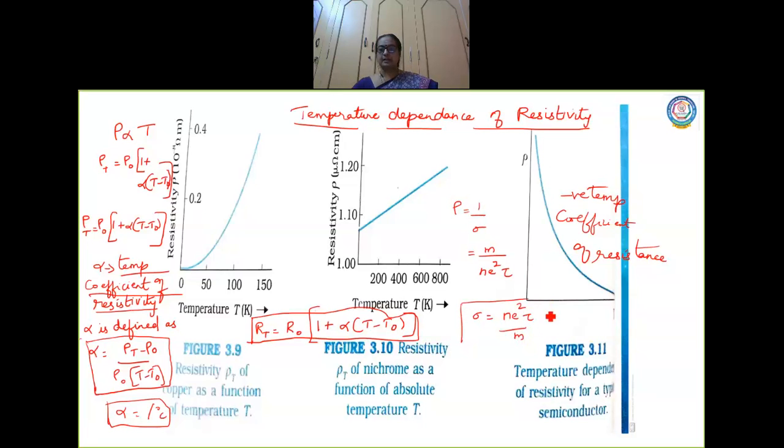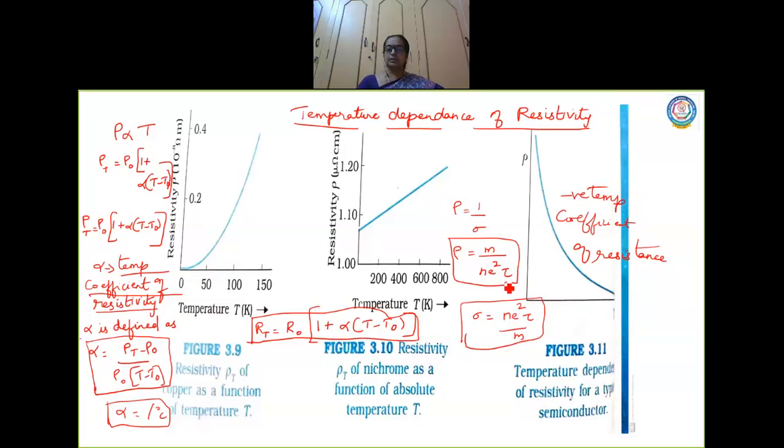Sigma is nothing but conductivity. Now resistivity rho is equal to 1 by sigma, which is equal to m by n e square tau. So when I talk about resistivity, I can have this formula, rho equal to m by n e square tau.